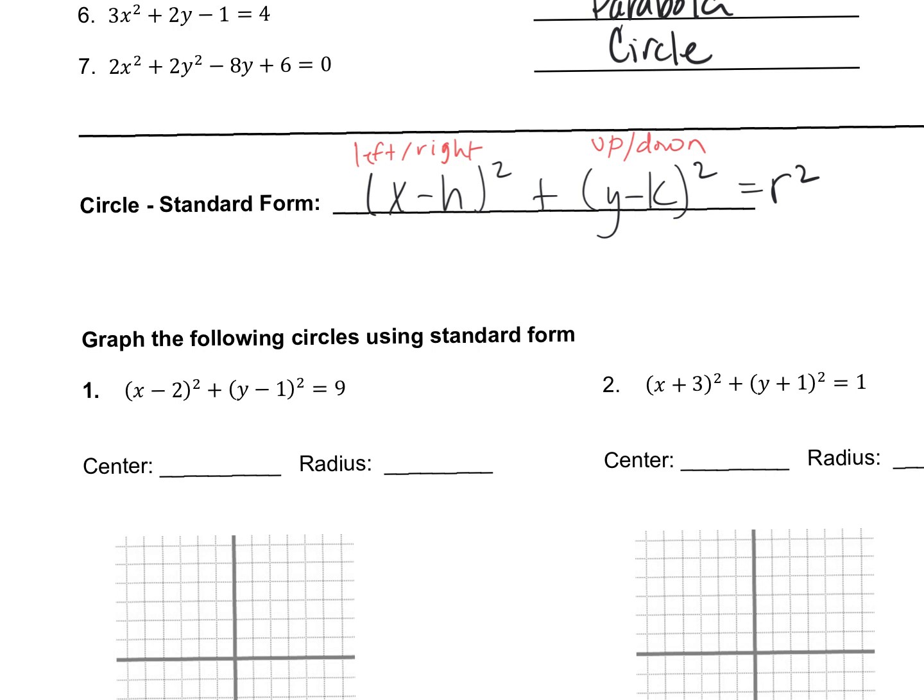And remember that the sign in here is always the opposite of what we want to do, okay? So kind of remember what we did before. All right, so the center here is going to be (h, k). Every time, list the center, and every time list your radius, okay? So you'll know. And the radius here will be just r. So notice in the formula it's r squared, and it's just r, okay?